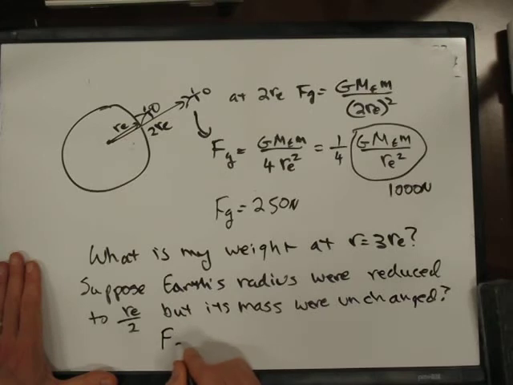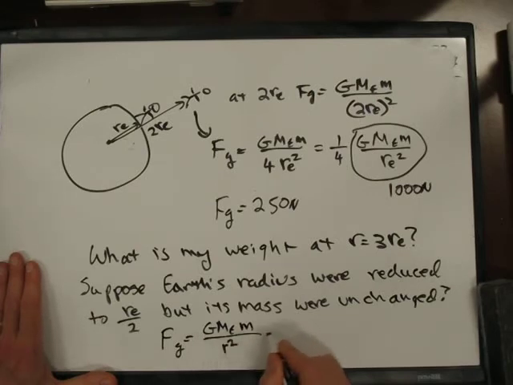So in that case, the force of gravity on me is G times the mass of the Earth times the mass of me divided by r squared. But now that's G times the mass of the Earth times the mass of me divided by the radius of the Earth over 2, squared.